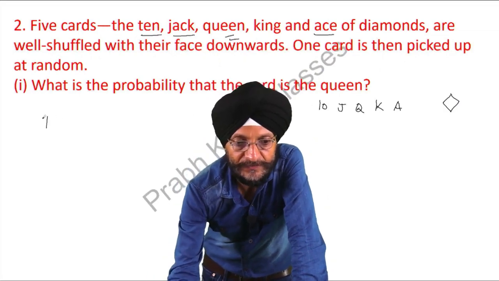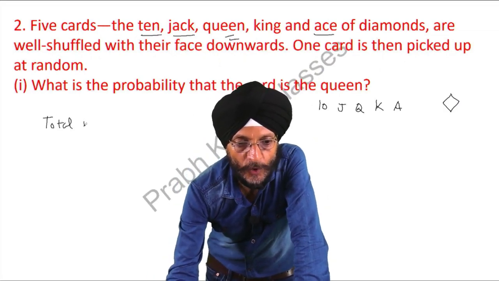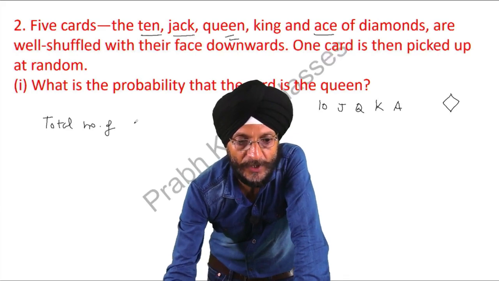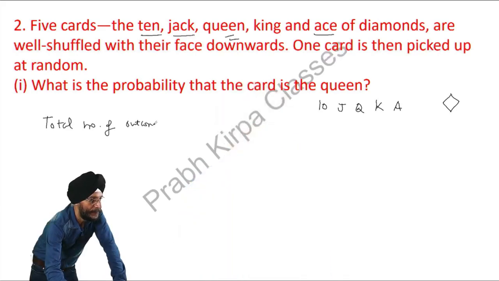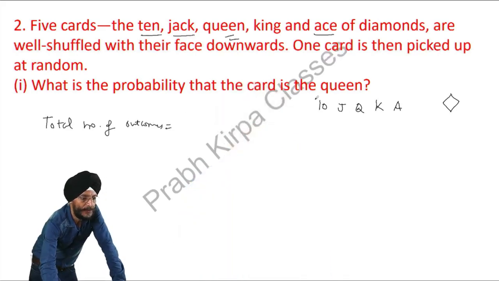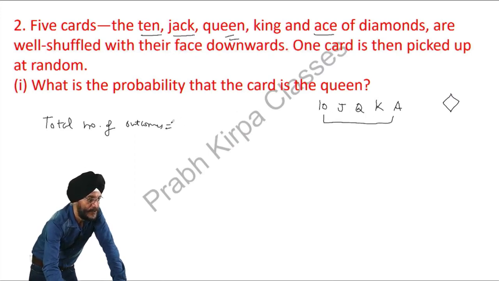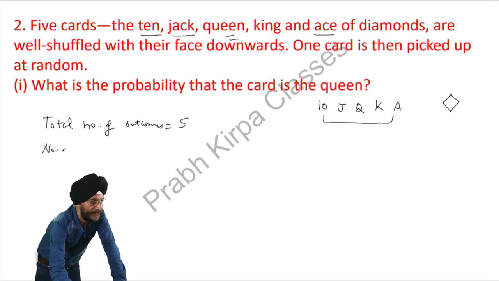So here, the total number of possible outcomes means the total number of cards. How many cards are there? 1, 2, 3, 4, 5. Total number of outcomes, or total number of cards, is 5. Now the next is the number of favorable outcomes.